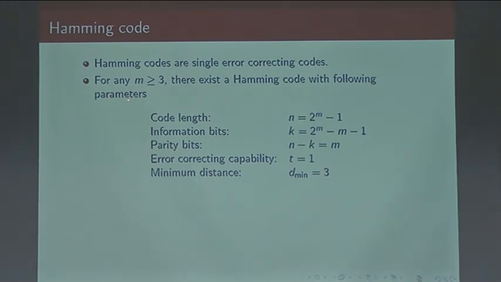For m greater than or equal to 3, there exists a Hamming code with the following parameters: n given by 2 raised to the power m minus 1, k given by 2 raised to the power m minus 1 minus m, the number of parity bits n minus k given by m, and it is a single error correcting code with t equal to 1 and minimum distance 3.